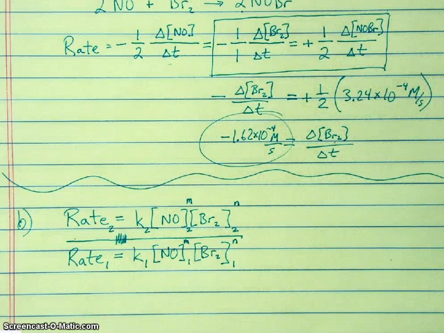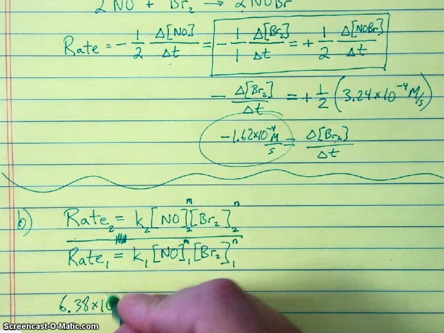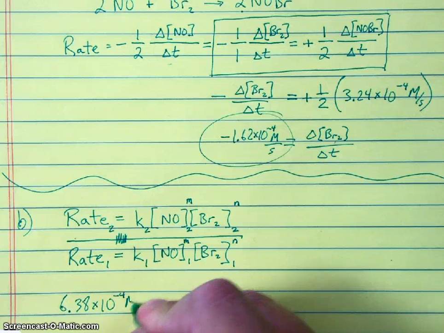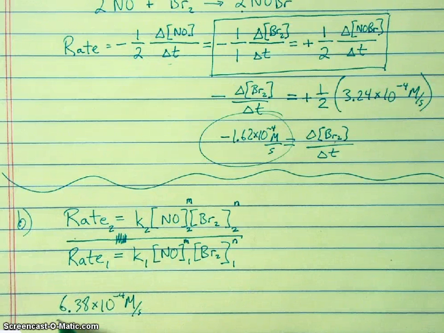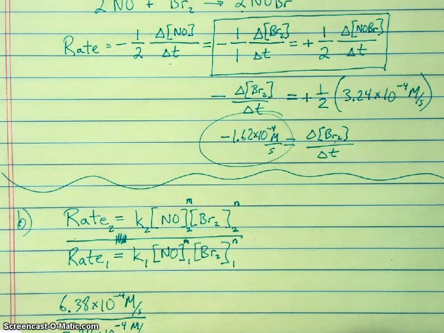At this point, I'm going to use the data from the problem to substitute in everything that I know about this. So I'm going to substitute in rate 2, and the units for rate are molar or molarity per second. So there's my ratio of rates.